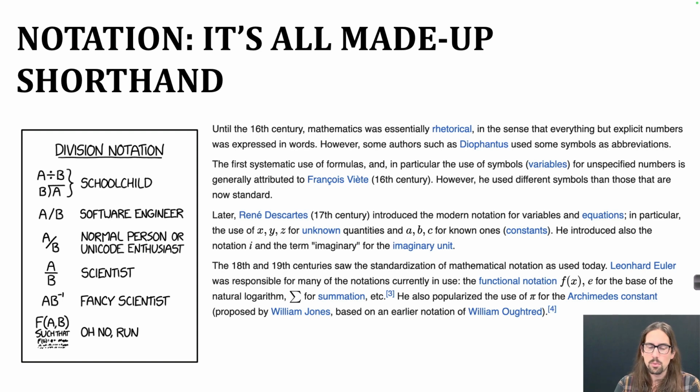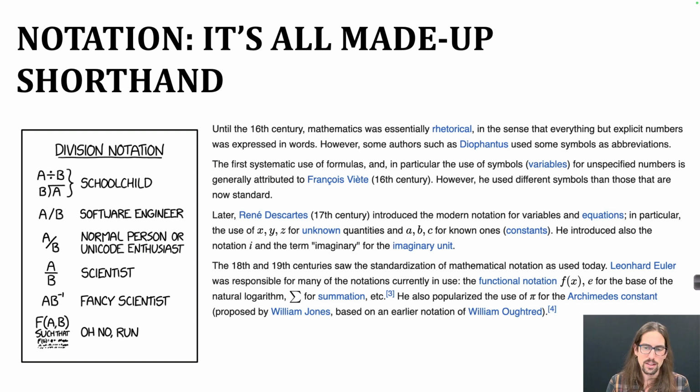So if you were to write 2 plus 2, when I say 2 plus 2 in your head, you're already seeing the symbol for 2 and then a plus and the symbol for 2. The way that would have been written in 1500 or 1400 would be "2 and 2," so literally T-W-O space A-N-D space T-W-O. Like 2 and 2 are 4.